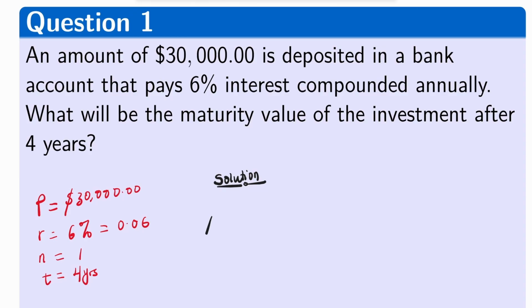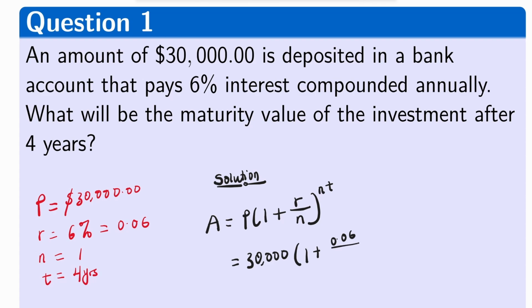From the formula, A is giving us P into brackets 1 plus r divided by n, all exponent n times t, right? We are going to have P, which is 30,000, multiplying 1 plus r, which is 0.06, divided by n, which is equal to 1, all exponent n times t. So n is 1 and t is 4, so this will be 4, right? Now let's simplify this.